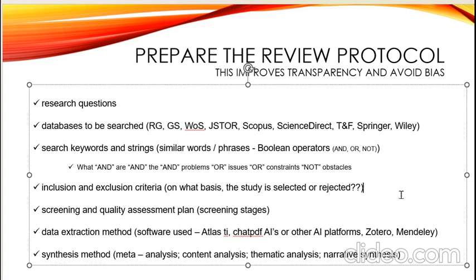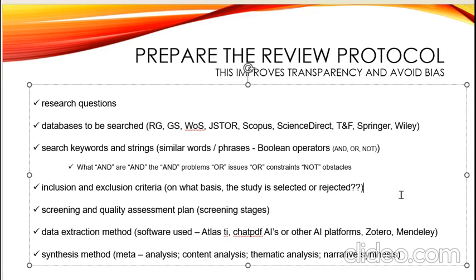Like that, you are going to screen in a stage by stage process. You should mention that in a flow chart or table format diagram based on the PRISMA reporting convention, that I will tell you later. Right? This is the screening and quality assessment plan. You should mention the screening stages, that I will show later.